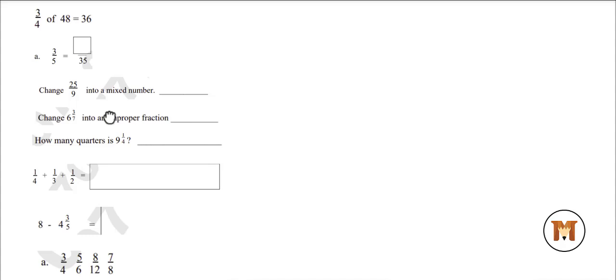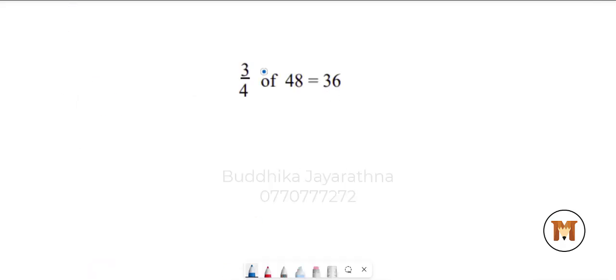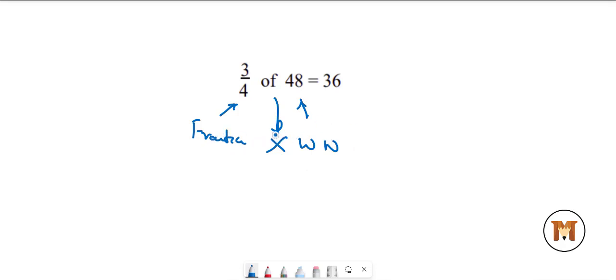Okay, so here you have a fraction. This is how you need to think. This is a fractional part, and then you have the whole number, right? You are going to multiply them. So fraction multiplying by a whole number, this is how it works.